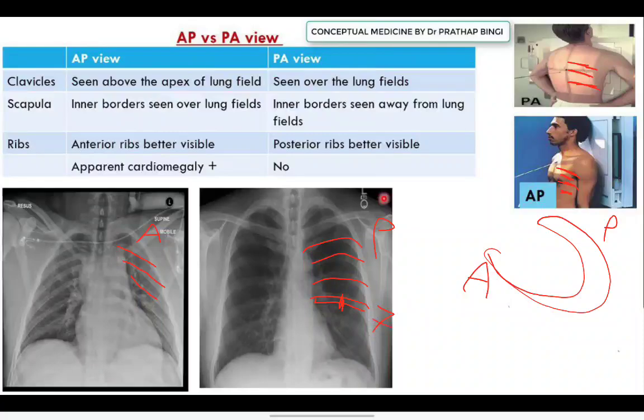But is this the anterior or posterior part of the rib? Since it is a posterior anterior image, we have the anterior part of the rib and the posterior part of the rib over here. Okay, regarding this, this is the X-ray tube.